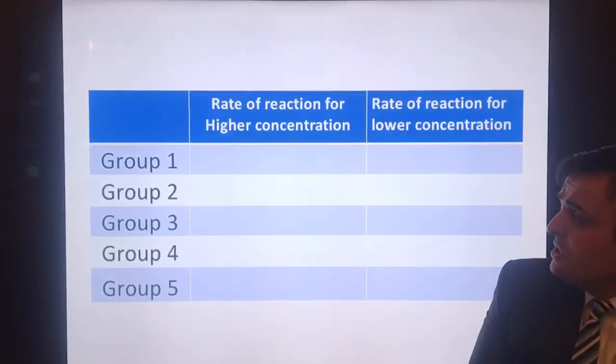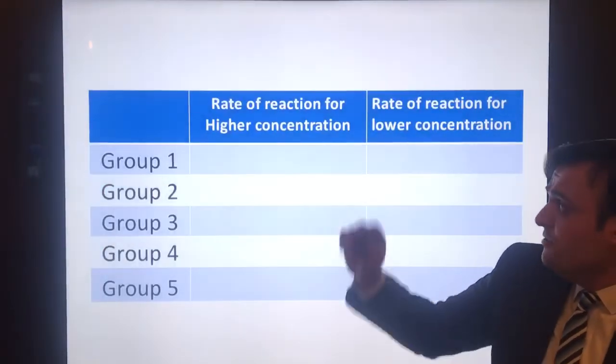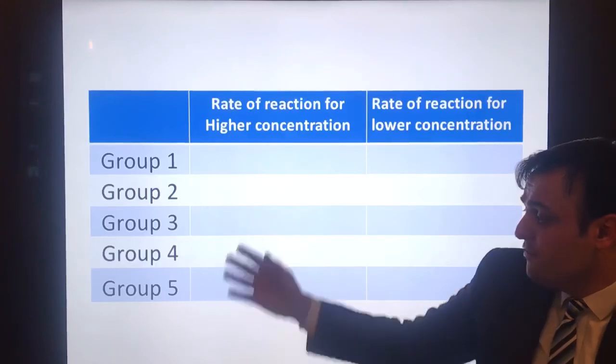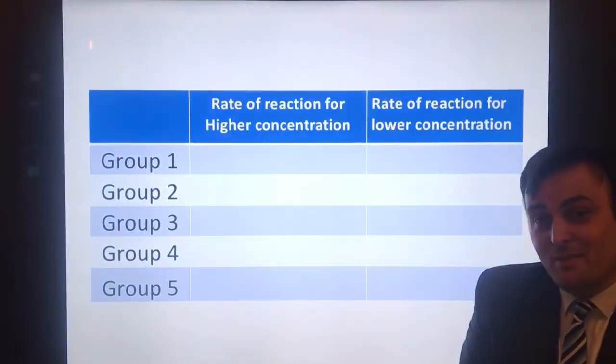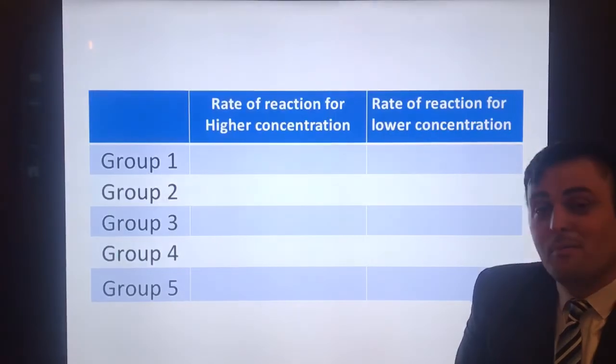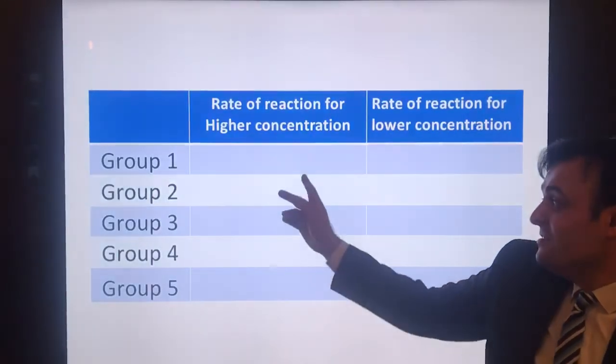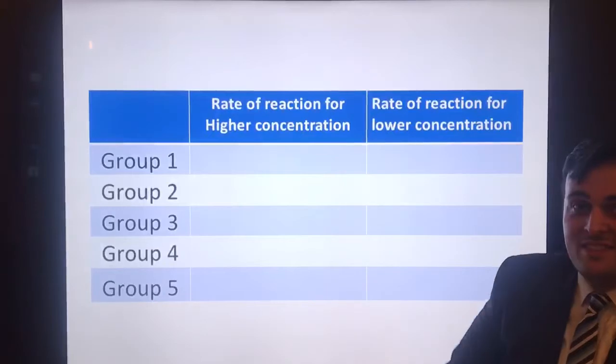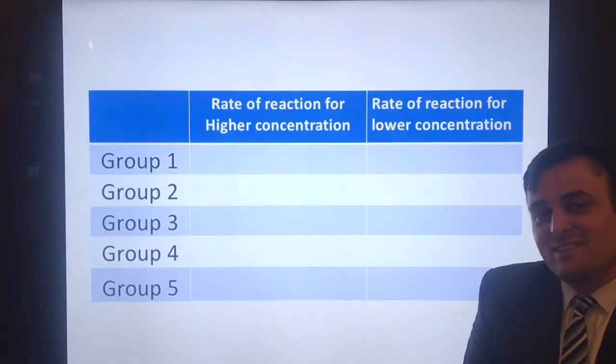After the 5 groups report the rates of reaction, I will present the answer by showing two different colors. Green represents the correct answer and red represents the wrong answer.